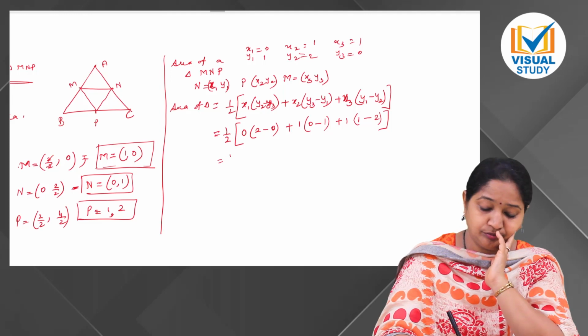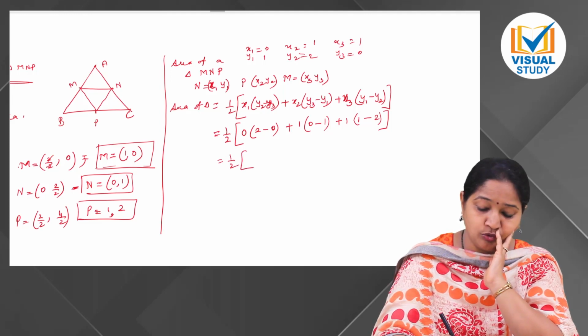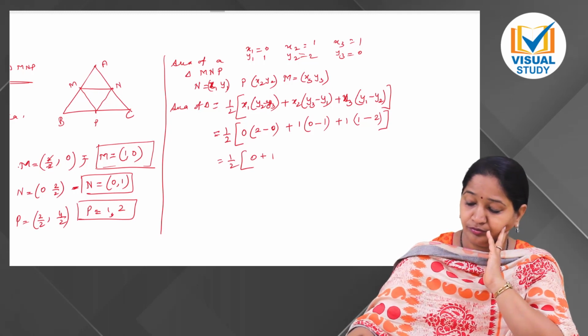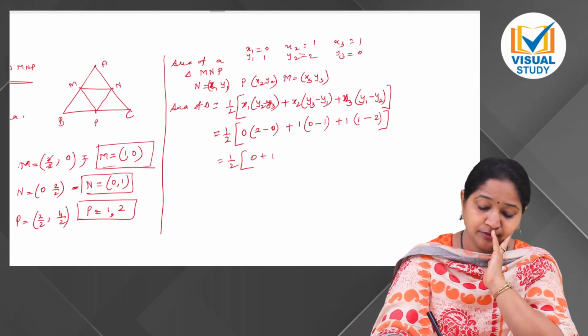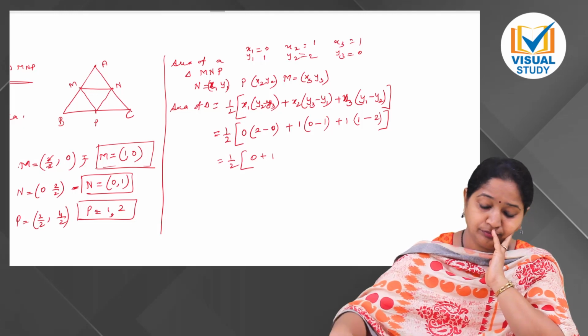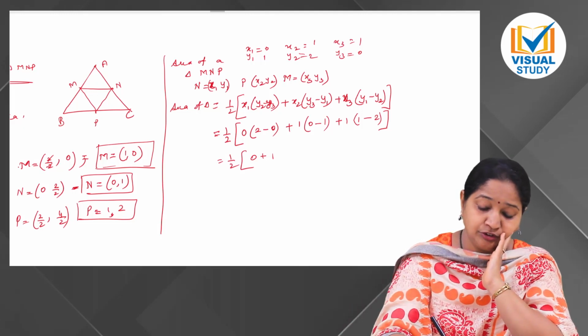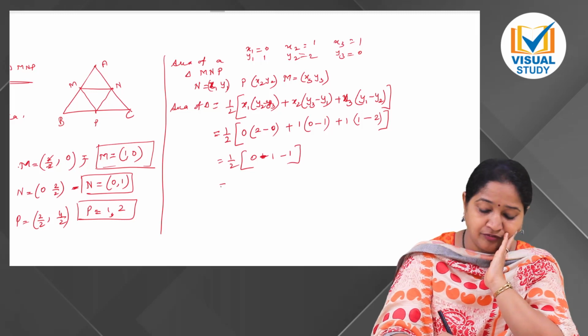What do you get? 0 plus 1 into minus 1, that is minus 1, and here also minus 1, and that is half into minus 2. The 2 gets cancelled, you get minus 1.